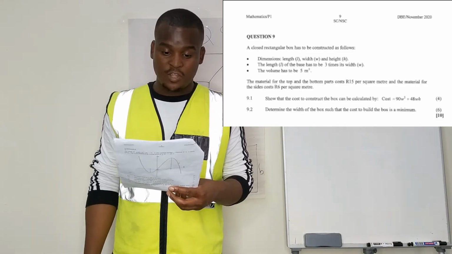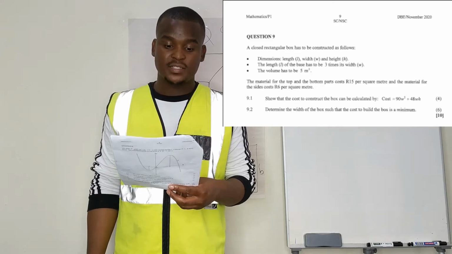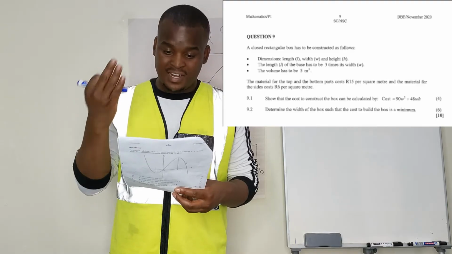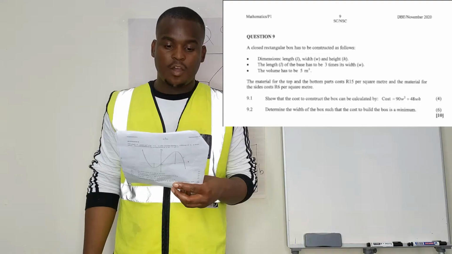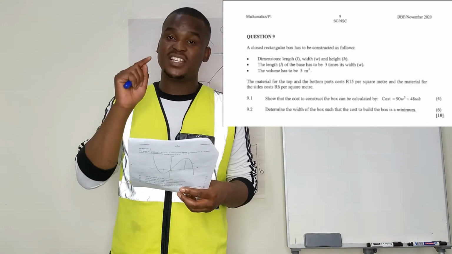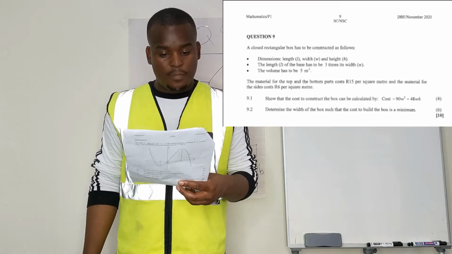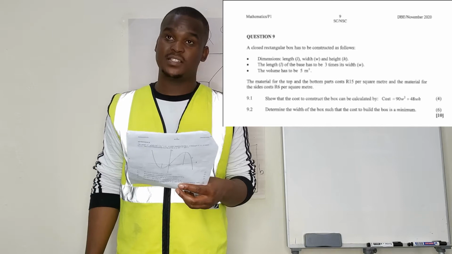Let me read this statement again. A closed rectangular box has to be constructed as follows. Dimensions: the length, the width and height. The length of the base has to be 3 times its width, right? The volume has to be 5 cubic meters.